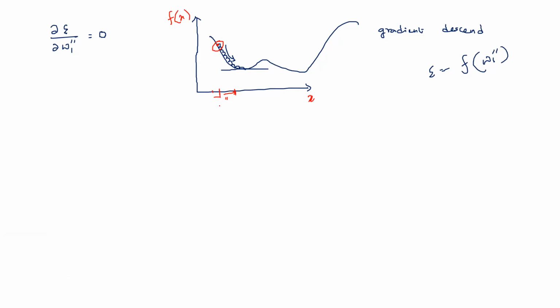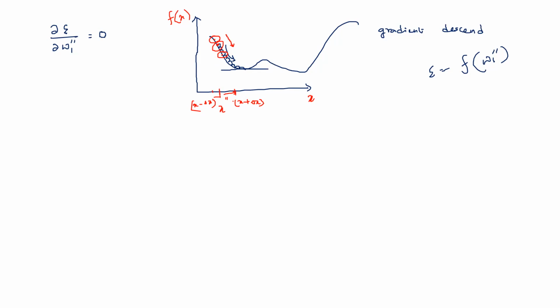So I start with any random x, then x minus delta x and x plus delta x. These three values I find out. I do not know the curve; I cannot see the whole curve right now. But I can see the value of x minus delta x, x plus delta x, and x. Now, if as I increase from x minus delta x to x plus delta x the slope is going down, then this way is the minimum.